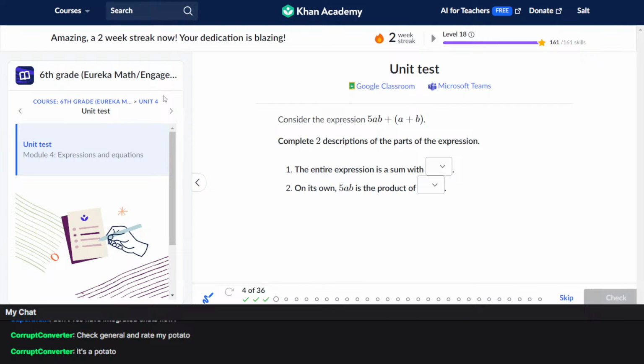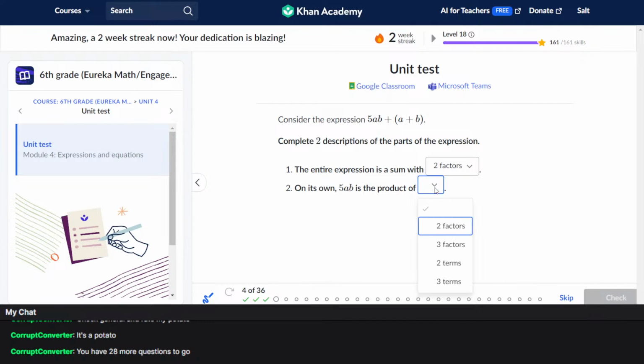Okay. Is a sum with... oh. Is it 2? 28 more. Yes. Corrupt Converter says you have 28 more questions to go.